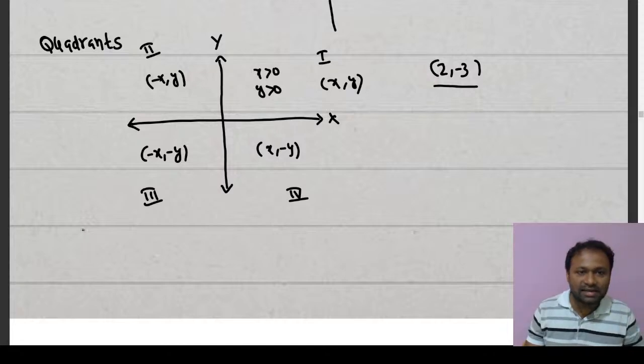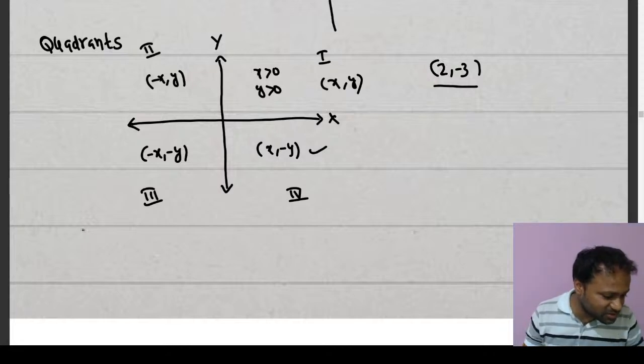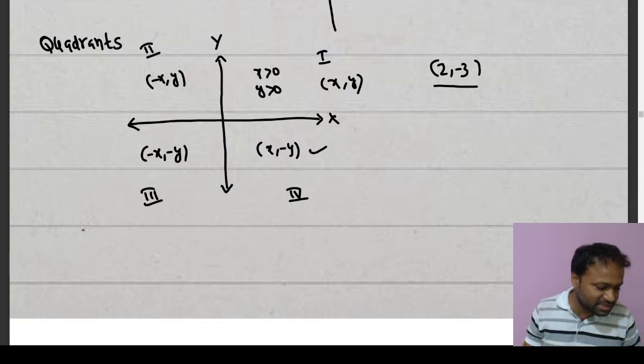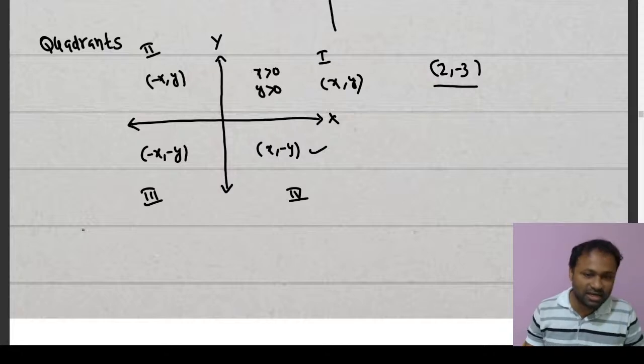So it lies in the fourth quadrant, because here x is positive and y is negative. That is correct, fourth quadrant is correct. Thank you, you are saying very correctly.